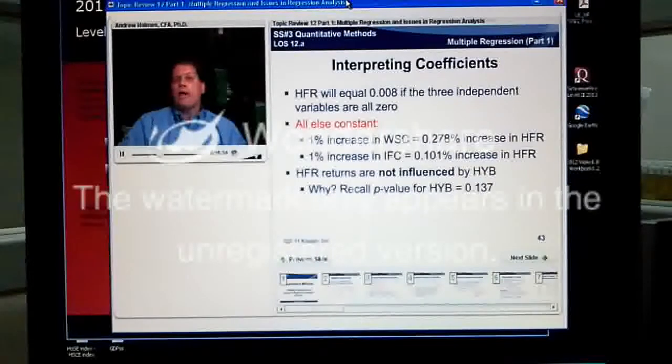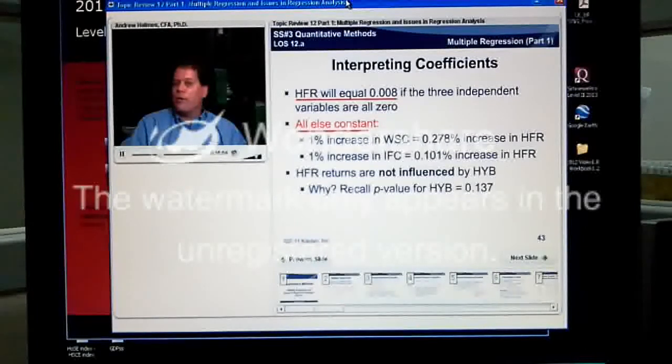All right? Okay, so when interpreting the coefficients, what if all of the independent variables are simultaneously equal to 0? Then hedge fund returns are predicted to be 0.008. That is the intercept. And when we're interpreting the coefficients, it's important to remember this all else constant interpretation.